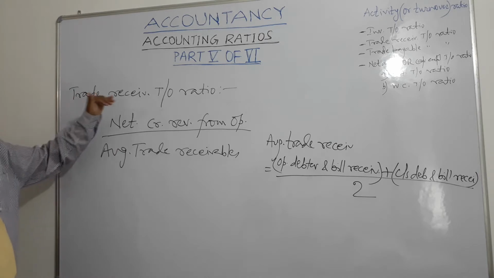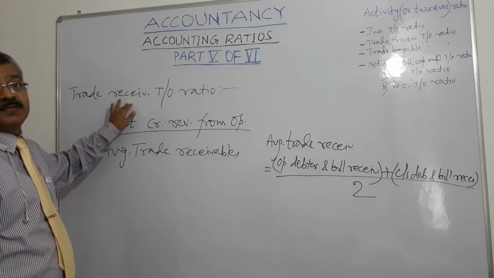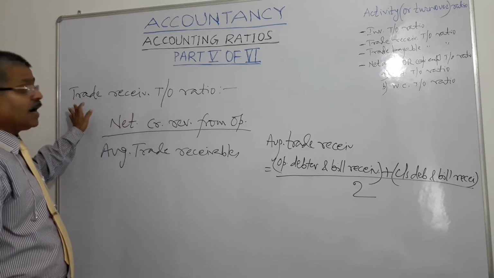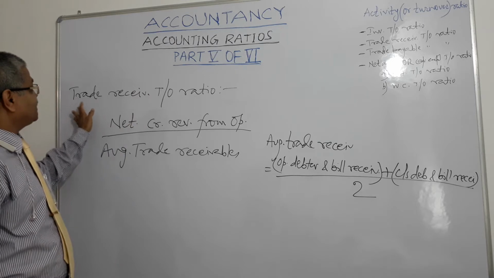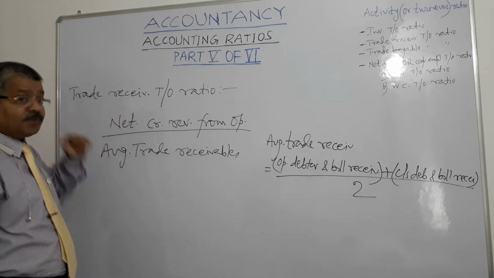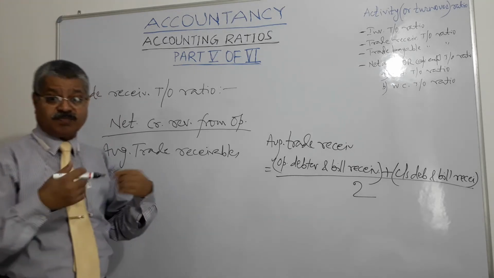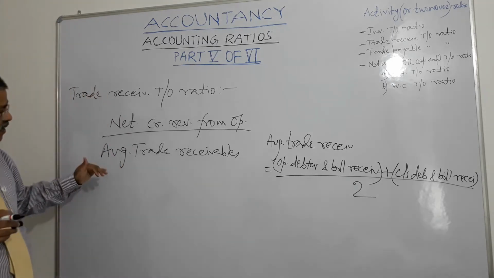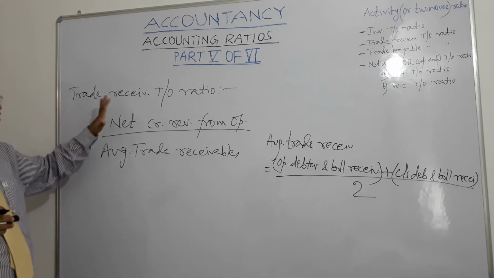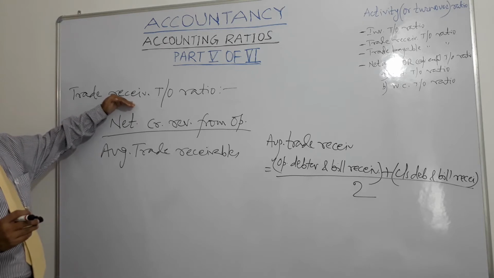A high trade receivables turnover ratio shows speedy realization of receivables, that we are able to collect receivables speedily. Liquidity position of a business enterprise depends very much on timely realization of receivables.